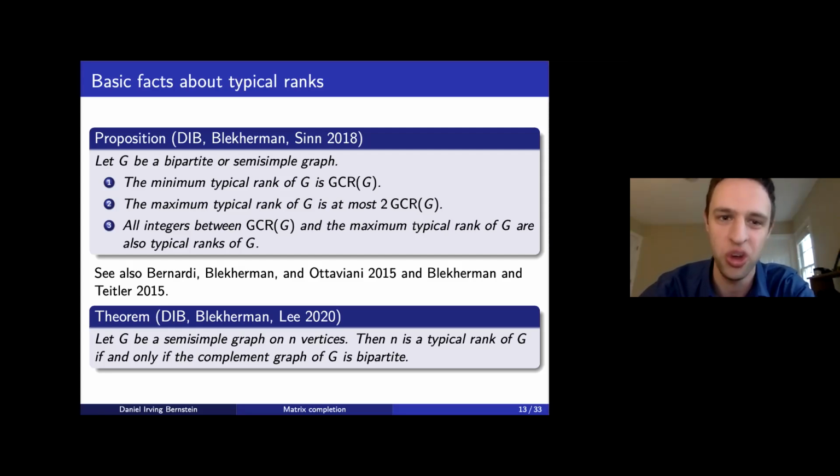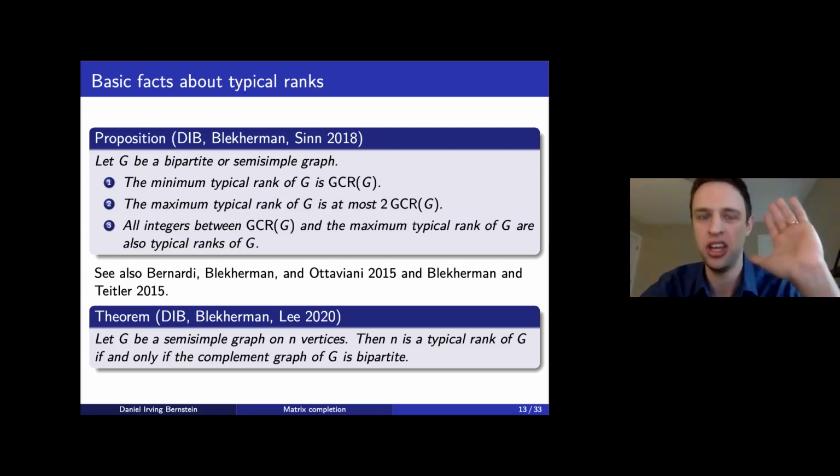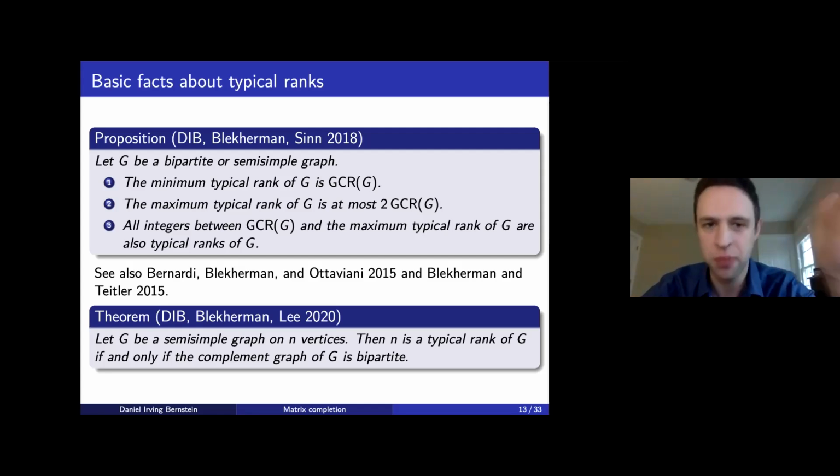It only matters where you observe it that dictates what rank you can complete it to, which is a problem when you deal with noise that you can maybe overcome. But over the reals, you potentially have some robustness to noise. But yeah, that's all I'm going to say about typical ranks.